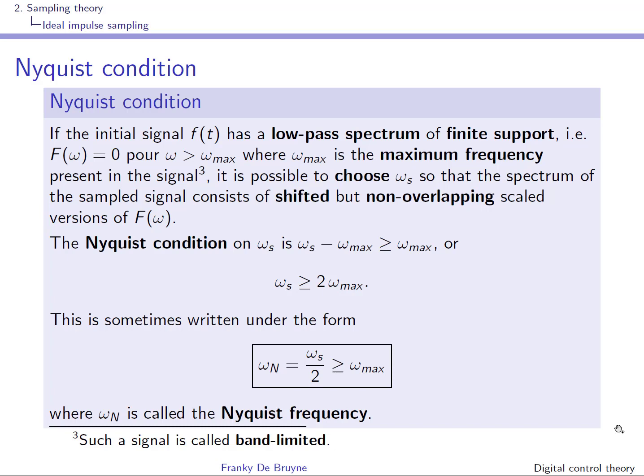Suppose that f of t is such that the maximum frequency present in the signal is omega max, then it is possible to choose omega s in such a way that you do not have frequency folding, you do not have overlapping of the motives, and you have to choose omega s in order to obey the Nyquist condition. Here it is, with omega n, the Nyquist frequency.